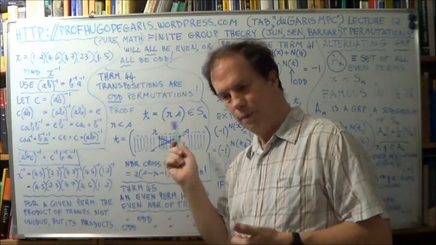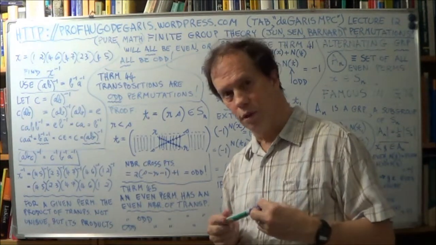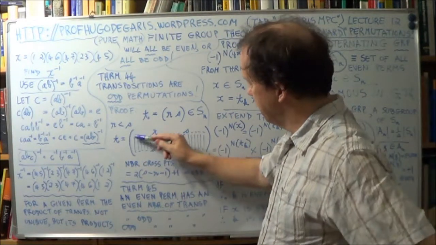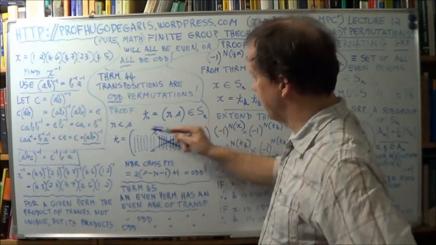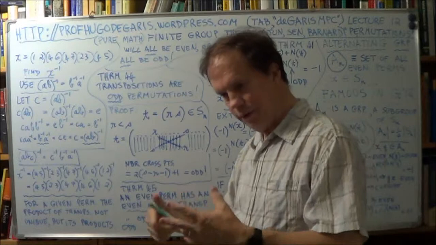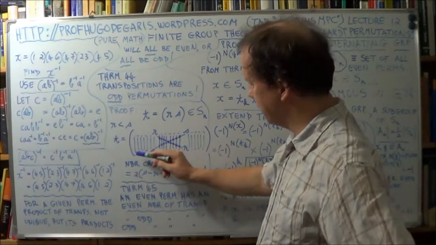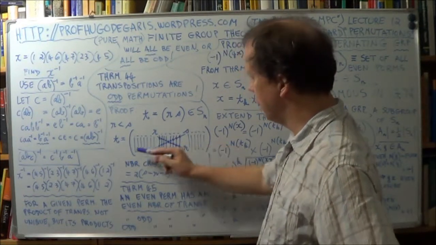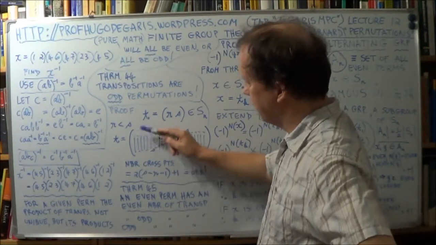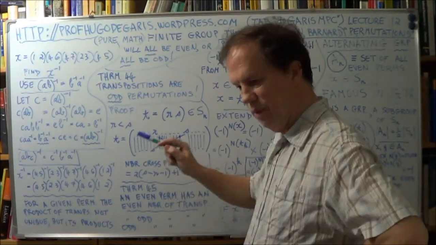Now, earlier we showed that the number of reversed pairs is equal to the number of cross points. Here's your starting configuration of the set of objects that you're permuting. You line them up here, and then you have a similar line of your objects after the permutation, and then you just draw straight lines between objects of the same name, same ID.